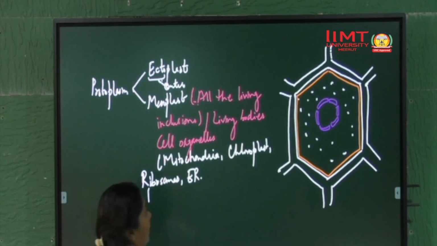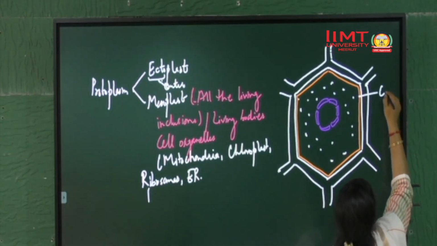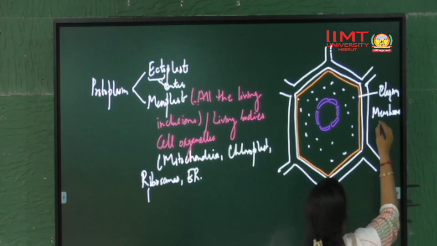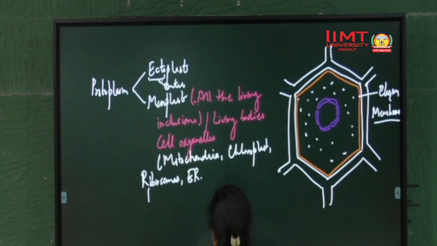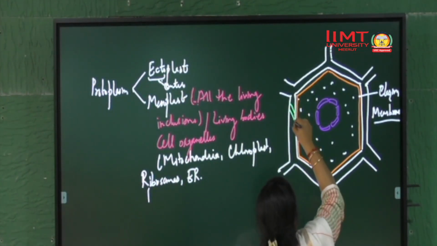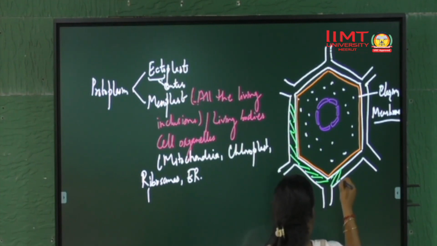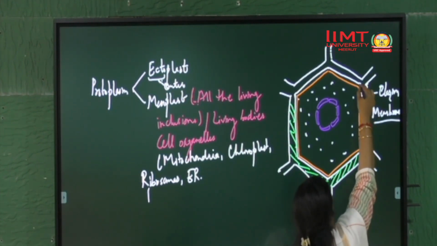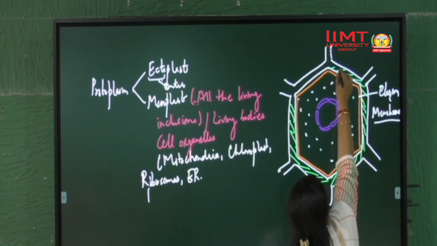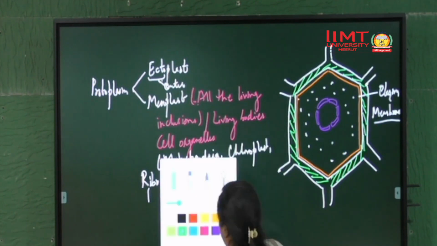So this is the plasma membrane, and if it is a plant cell, then this plasma membrane will be surrounded by a thick layer of cellulose, that is called the cell wall.